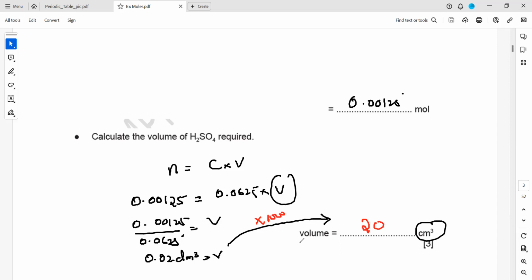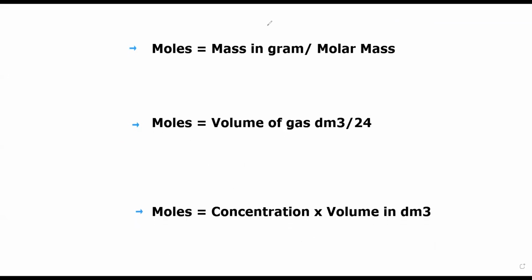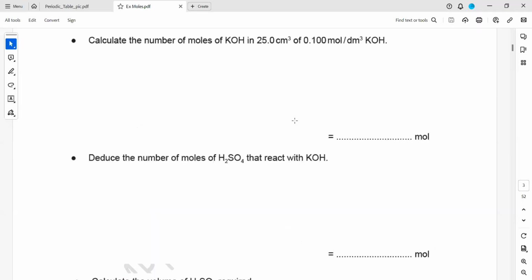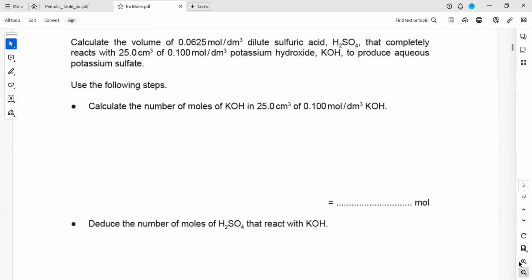Which formula to use depends on the question. Sometimes you have the mass, you will use the first formula. Sometimes you have the volume, and sometimes you have the concentration or the moles, you'll use the third formula. Is it clear, this question? The last part and the first two as well.